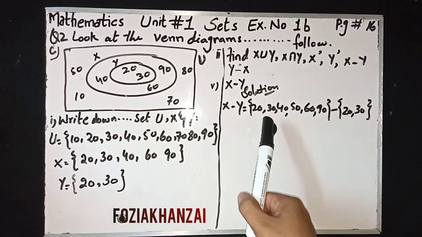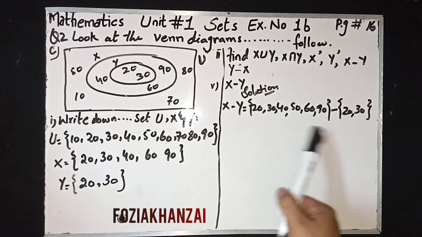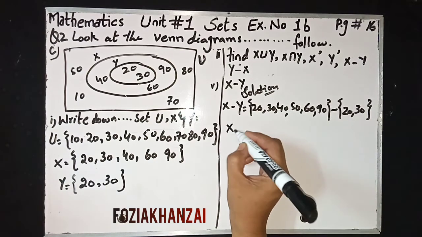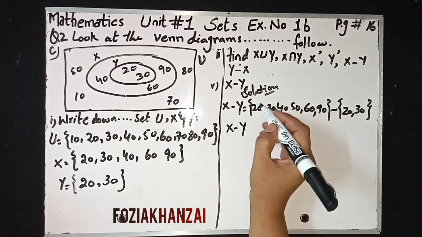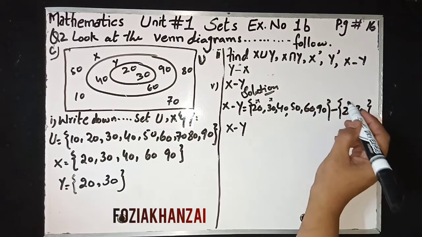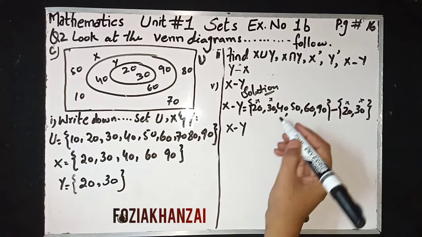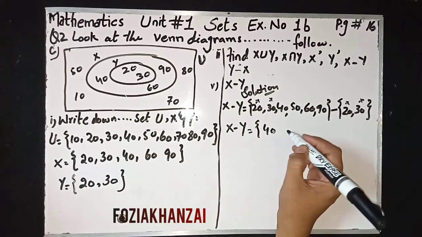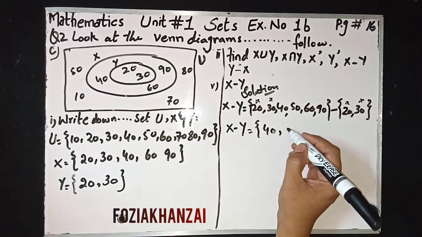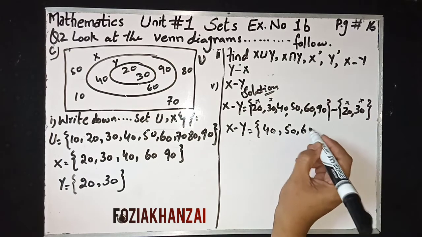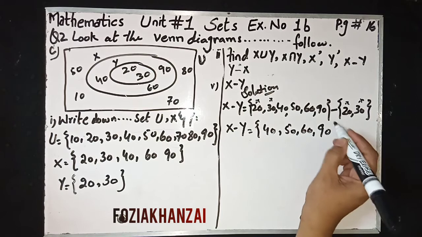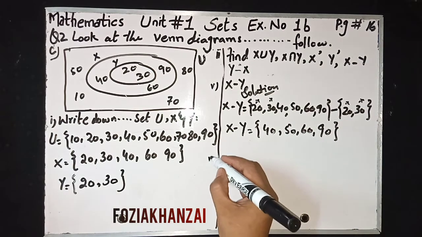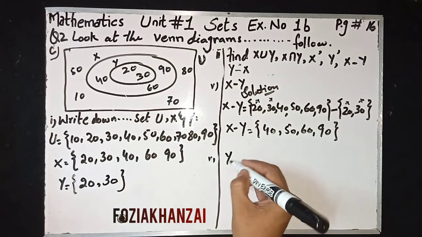Remaining elements of the first set: 20, 30 are common elements, so we cut them. Remaining elements of set X would be the answer of X difference Y: 40, 50, 60, 90 would be the answer of the fifth part.